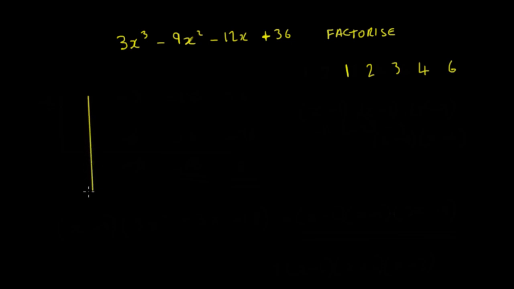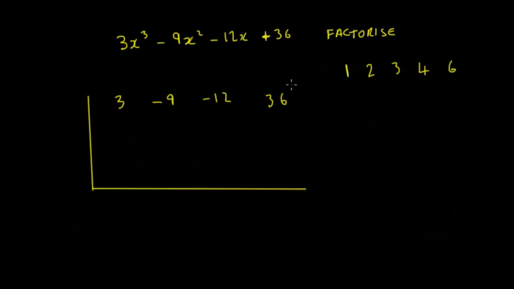I'll just create one of these that we can use. So the coefficients here are going to be 3, minus 9, minus 12, and plus 36. Now whenever I find the correct factor here, whenever I divide out I should get a remainder of 0. So let's put in some values.